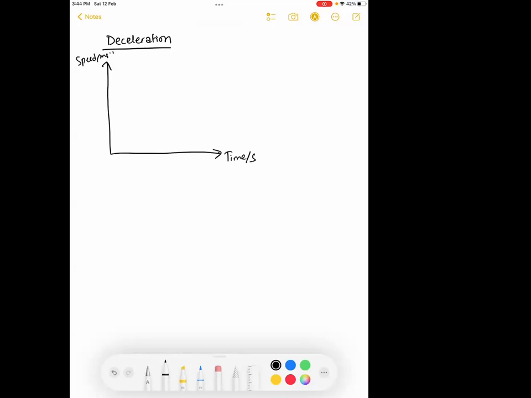if the deceleration looks like this, that's a straight line. Again, if it's an increasing deceleration, then it will look like this. And if it's a decreasing deceleration, then it will look like this. Why?